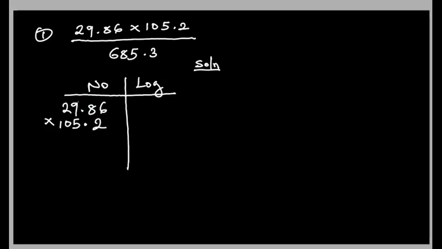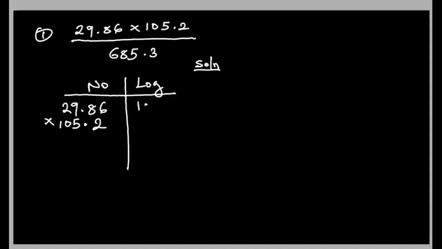Now, as we know, it's just the same process. So let's get the characteristics of this number. This is 29.86. It has just 2 digits before the decimal, so do a minus 1. I have 1. So I will now find 29 under 8 difference 6.